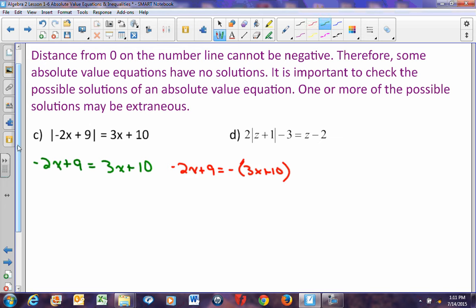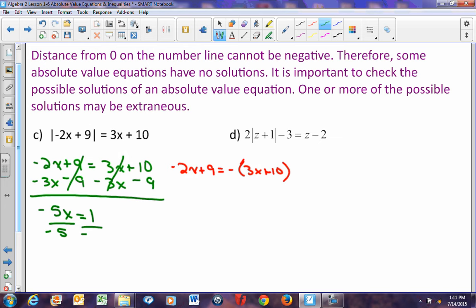Okay, let's solve the first equation. So we subtract 9, subtract 9, subtract 3x, subtract 3x. 9 cancels, 3x cancels. I get negative 5x equals 1. Divide by negative 5, divide by negative 5. X equals negative 1/5. There's one possible solution.